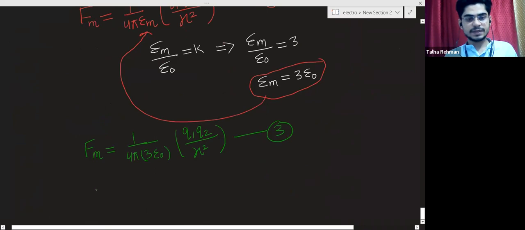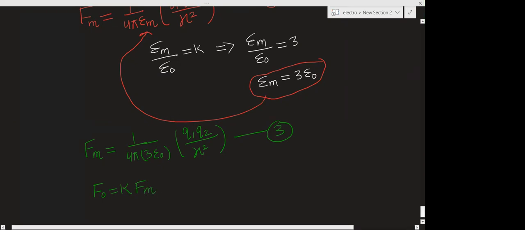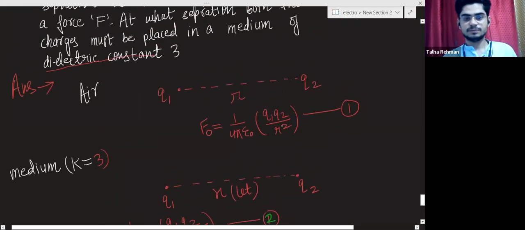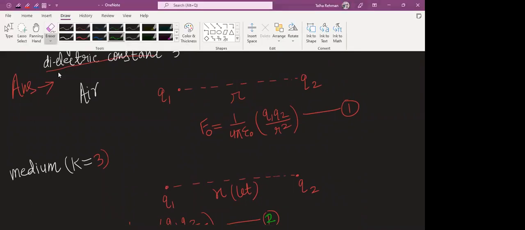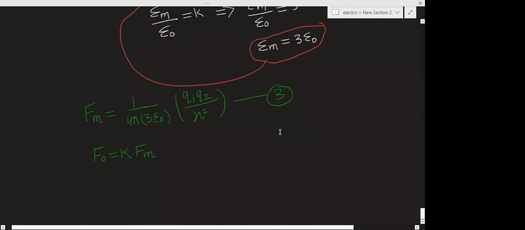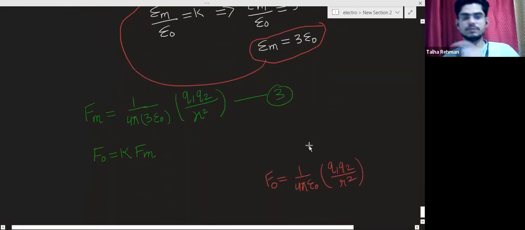So I can write force in air equal to K times force in medium, F naught equals K Fm. Force in air is this and force in medium is this.